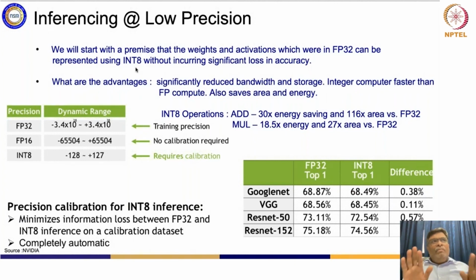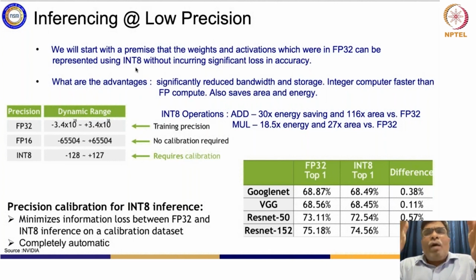This is a well-known fact which people have been trying since long, and it is possible to achieve this. So assuming that we know that when we convert our weights and activations from FP32 to int 8, we don't incur significant loss in accuracy.